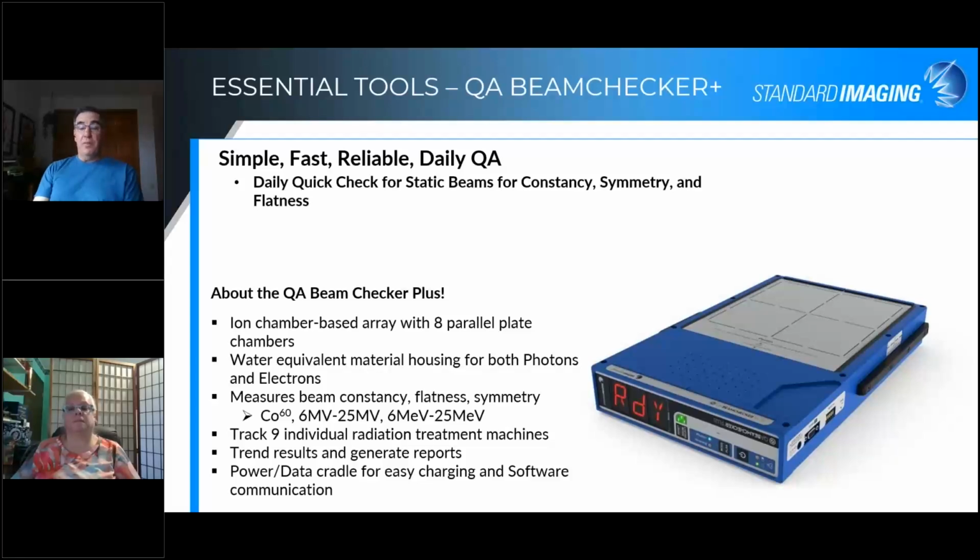So once a baseline is set with, say, a 6x beam, your 6 MeV, you can deliver that 6 MeV beam to the device. The device will recognize that beam automatically and then report the metrics for that specific beam. So it's kind of foolproof. With some of the other systems out there, you have to do a set routine, a set order, a specific sequence of deliveries.